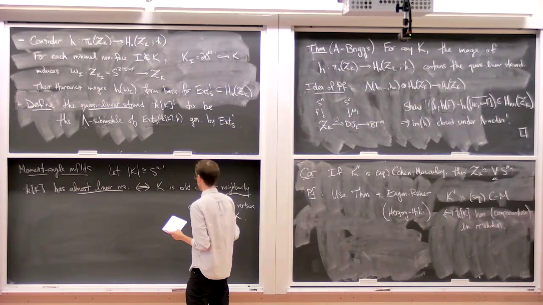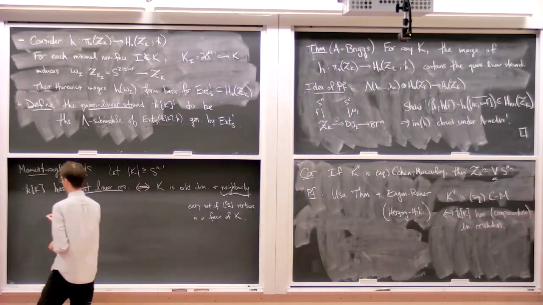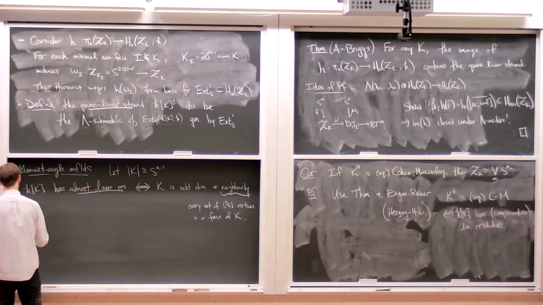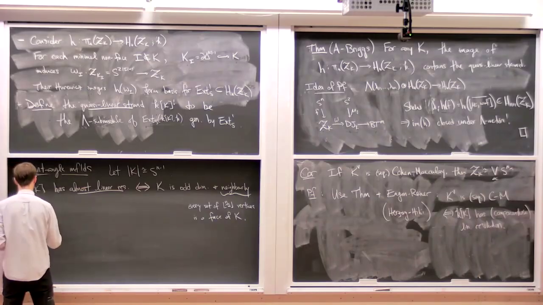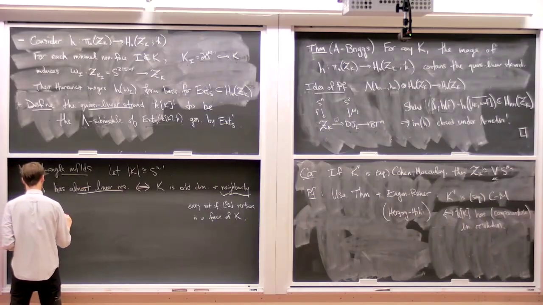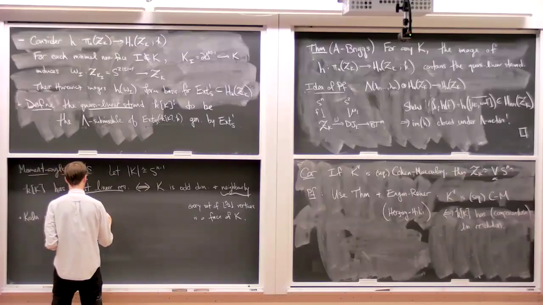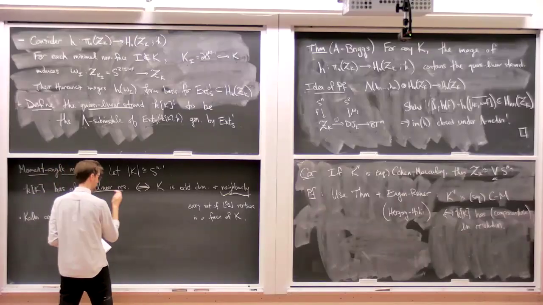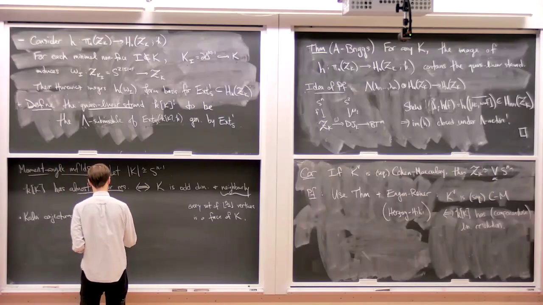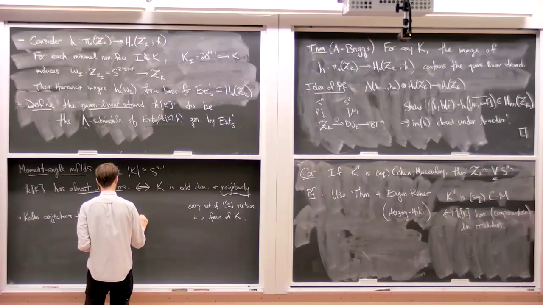And these turn out to be extremely common. So first of all, Gil Kalai has conjectured that most odd dimensional sphere triangulations are neighborly.